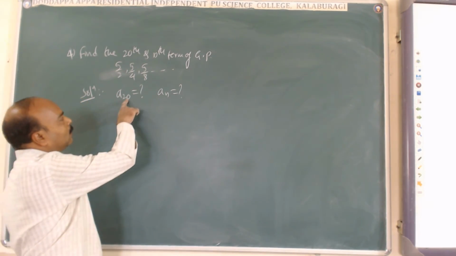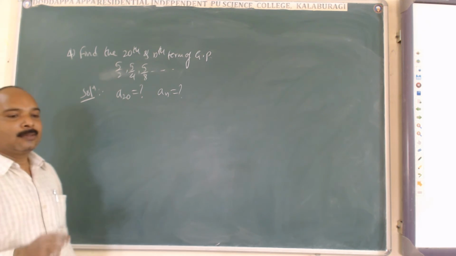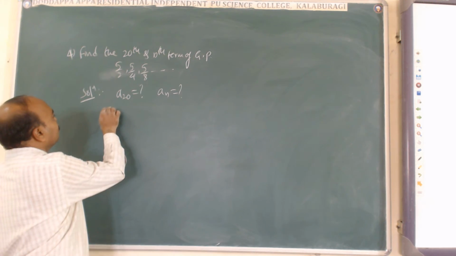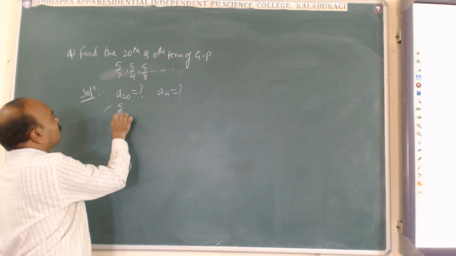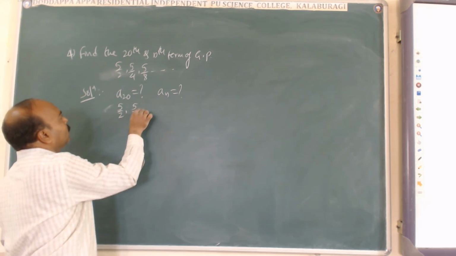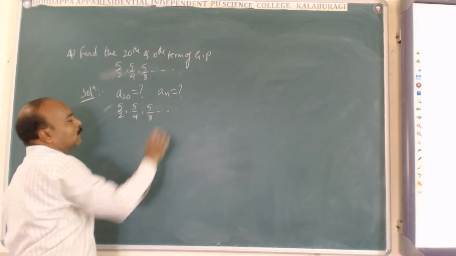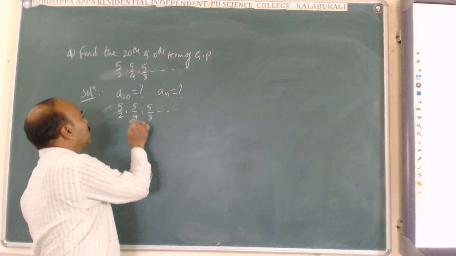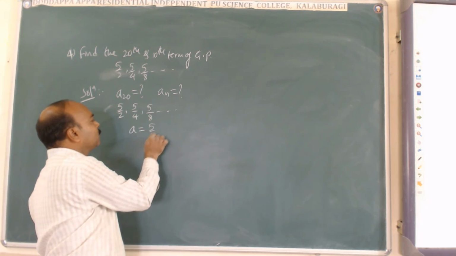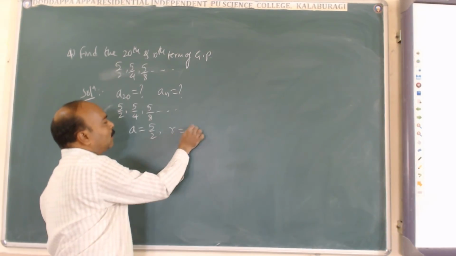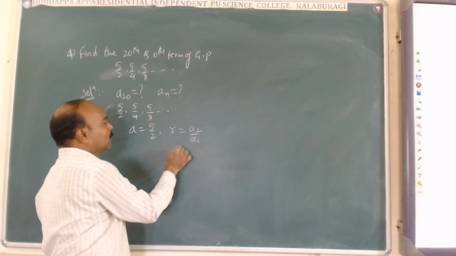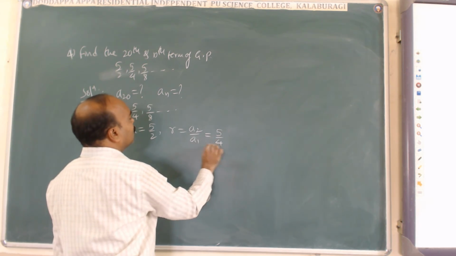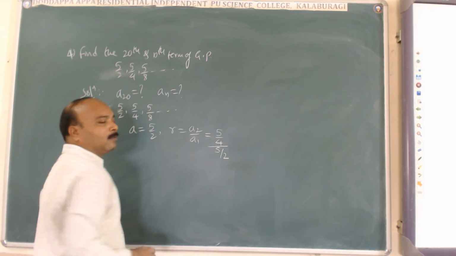Here also calculate what is a20 and a_n. Here clearly the first term a equal to 5 by 2 and r by the formula is a2 by a1. So here a2 value is 5 by 4 divided by 5 by 2.